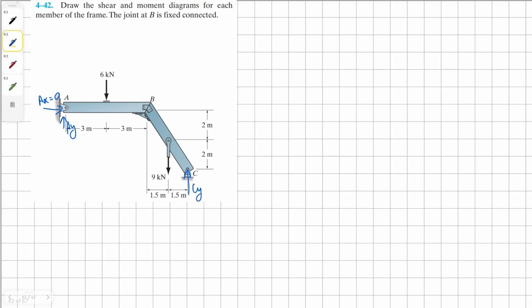Let's take a moment about the point A. We're going to have 6 kilonewton clockwise, 3 meters away. Then we have clockwise 9 kilonewton, 7.5 meters away. And then we have counterclockwise CY 9 meters away, all equals to 0.